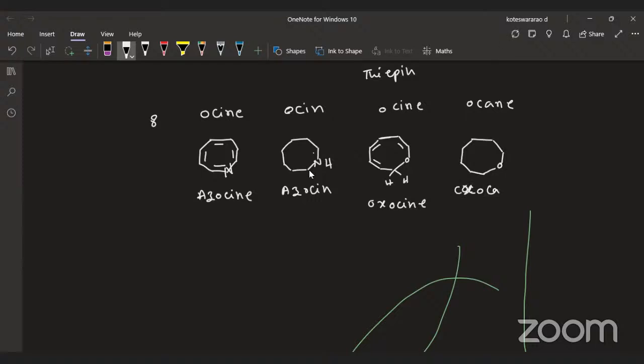Oxocane. This is up to 8. It is somewhat difficult in the case of 9-member and 10-member rings, but I'm just giving the names. If nitrogen with a 9, for example, azonine, right?